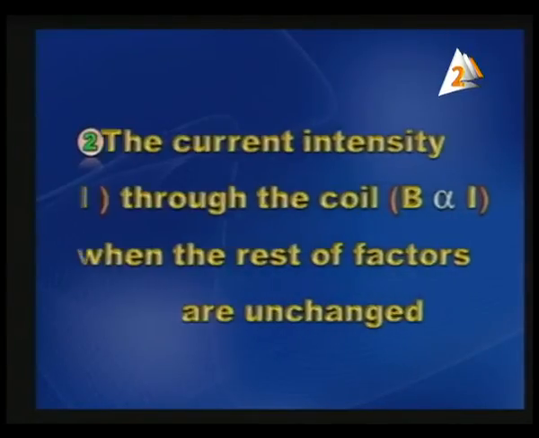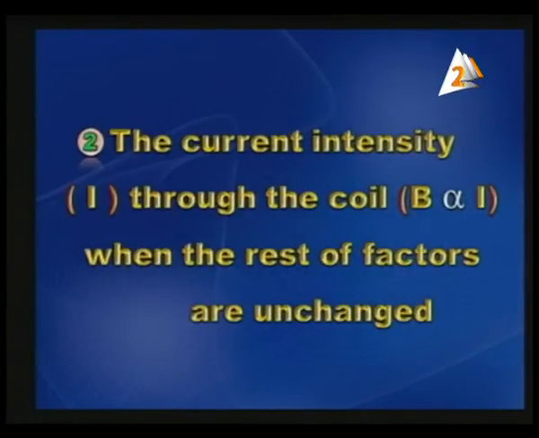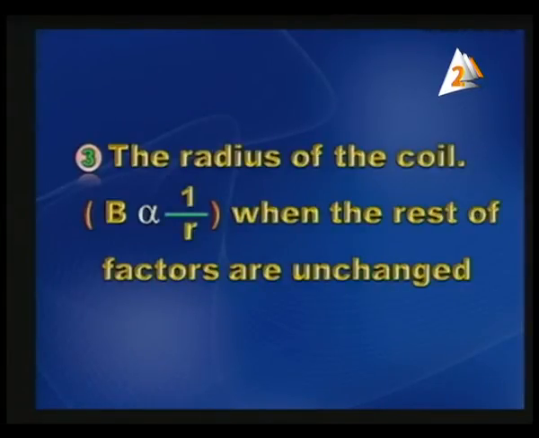Second factor, the current intensity passing through the coil, and beta also is directly proportional to the current intensity when the rest of the factors are unchanged. Third factor is the radius of the coil.